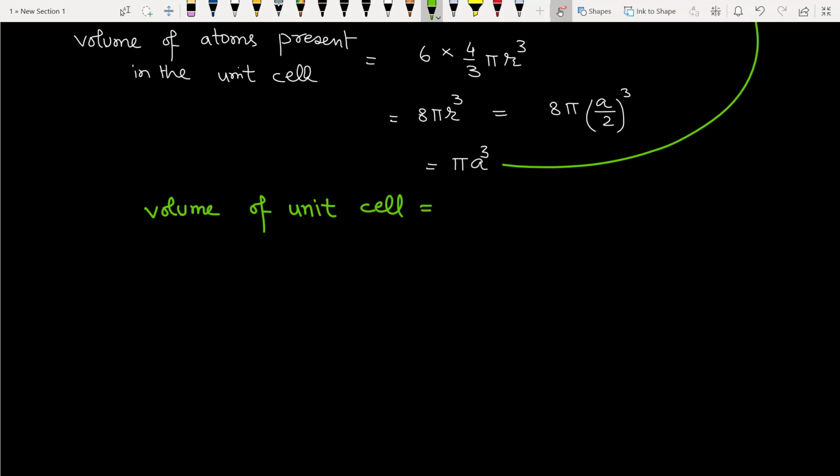It is area of cross section of unit cell into height of the unit cell.